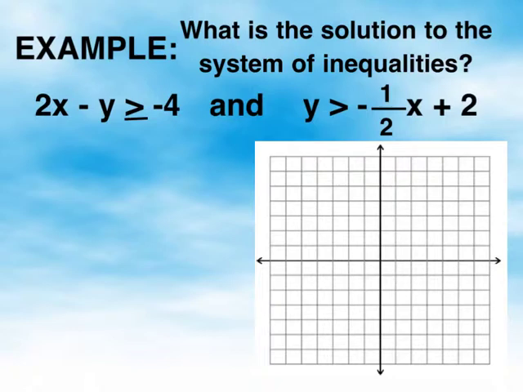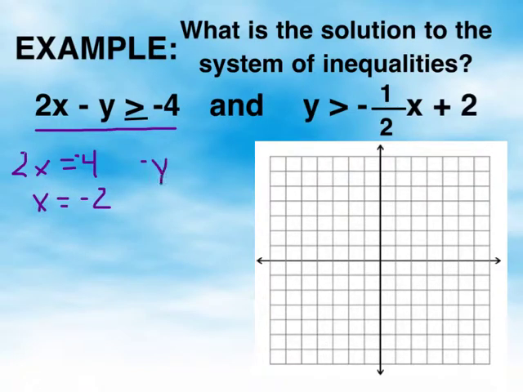First we have our first equation here, and this is written in standard form. Remember, standard form is helpful to find intercepts. In order to find my x-intercept, I will make y 0, and so this tells me that x equals -2. And in order to find my y-intercept, I make x 0, so I have -y equals -4, so y equals 4. From there I can plot those two points.